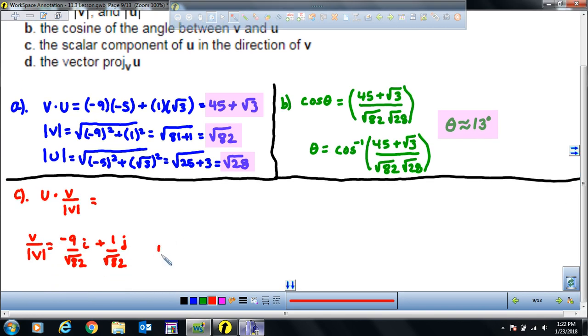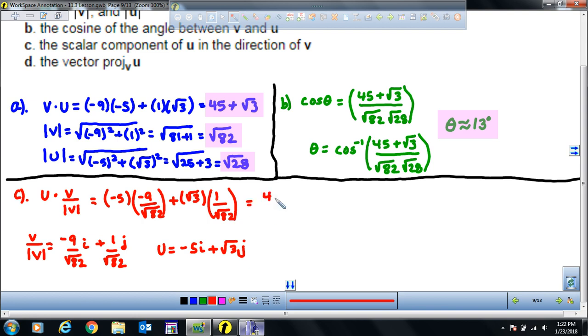So we're going to multiply the i components, which is negative 5 times negative 9 over the square root of 82, plus the product of the j components, which is the square root of 3 times 1 over the square root of 82.